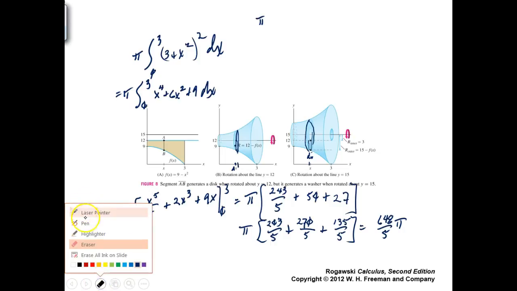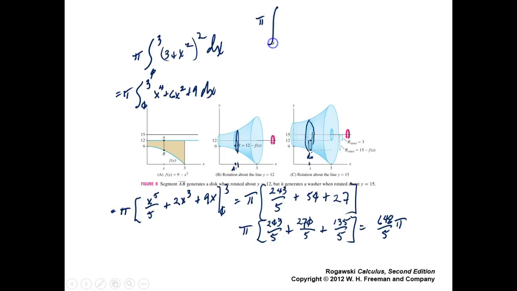Okay. And again, that dx, the x is going from 0 to 3. That doesn't change. But what's now your outer radius? Here is this your function down here.